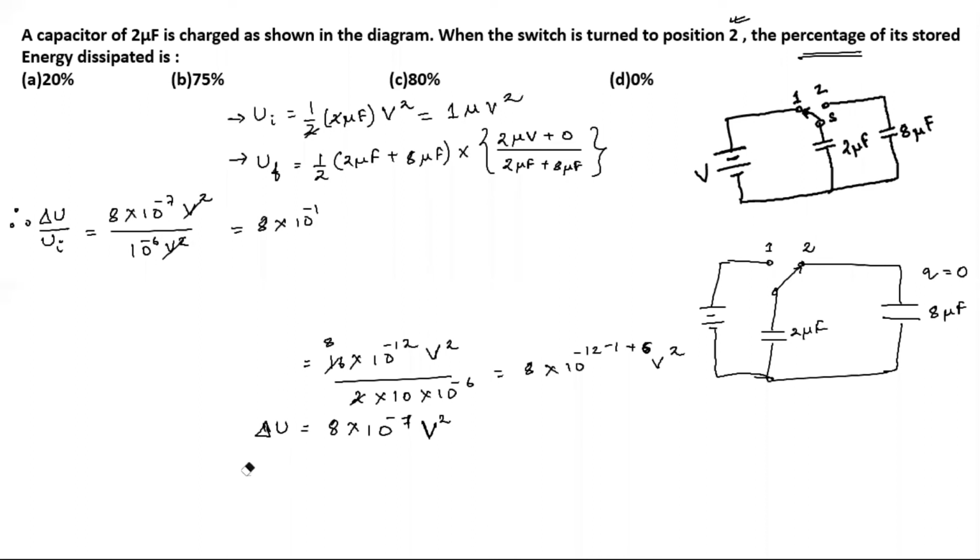This will be your del U by U. But we need the percentage change, so we multiply 8 into 10 to the power minus 1 by 100%. So it's around 80%.